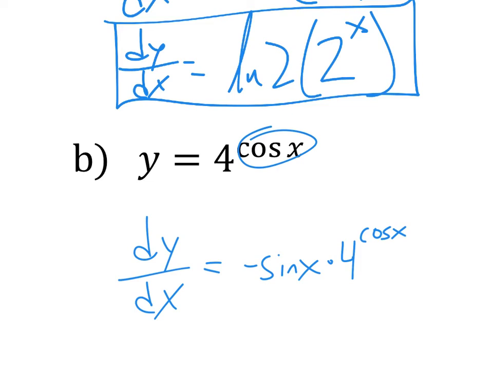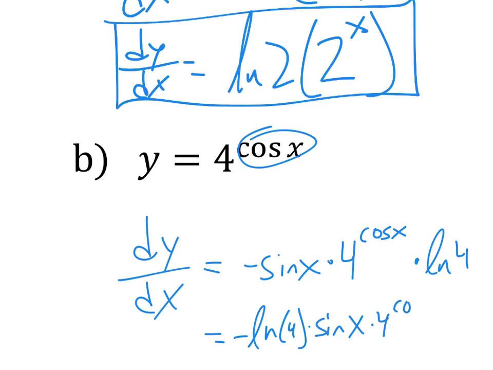But we don't have base e, we have base 4. So we need to multiply that by the natural log of 4. We might write this a little simpler: negative natural log of 4 times sine x times 4 to the cosine of x. Okay, there it is.